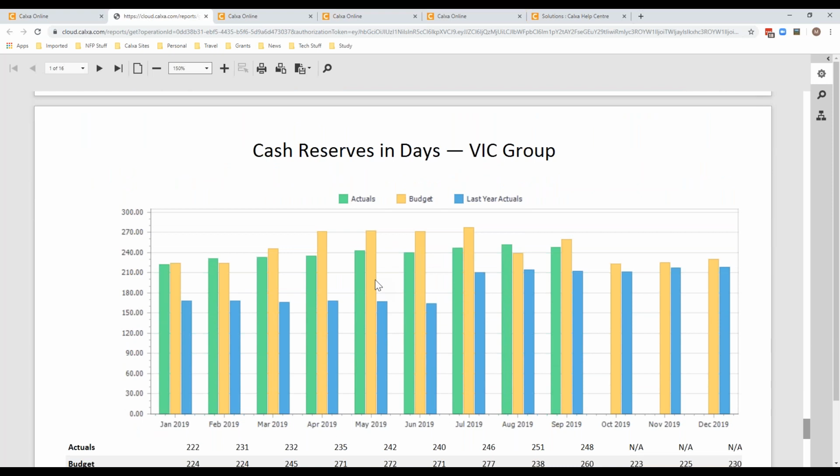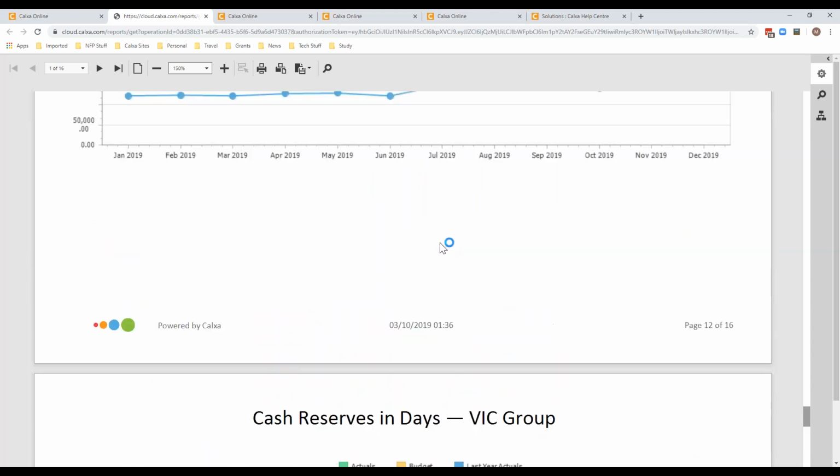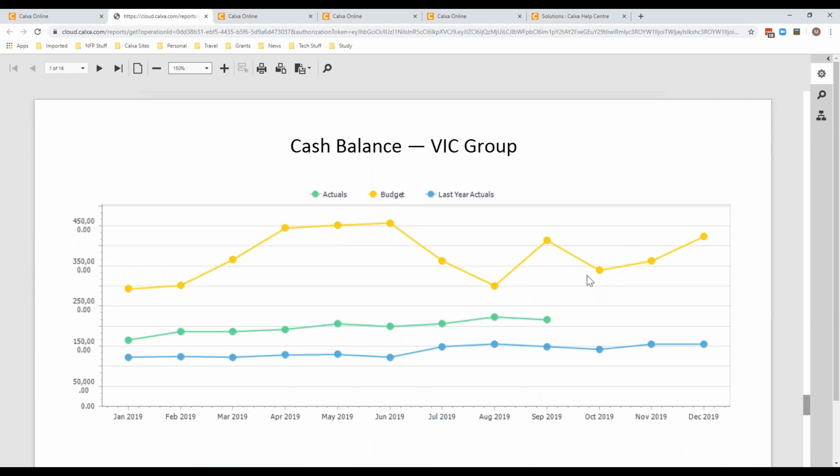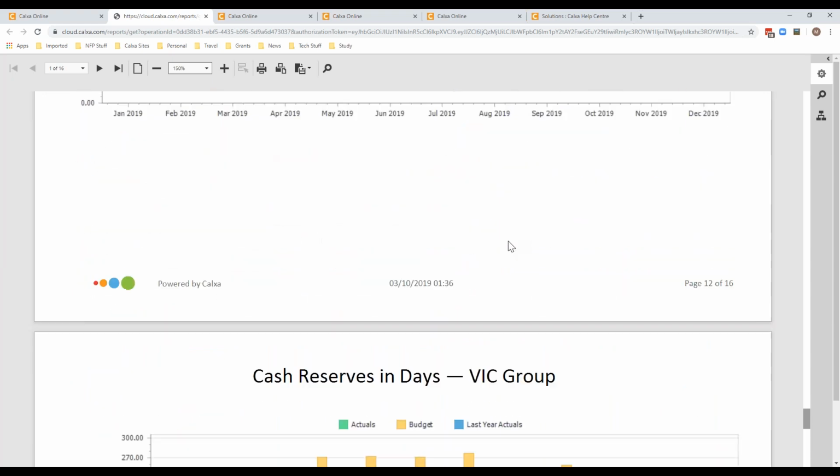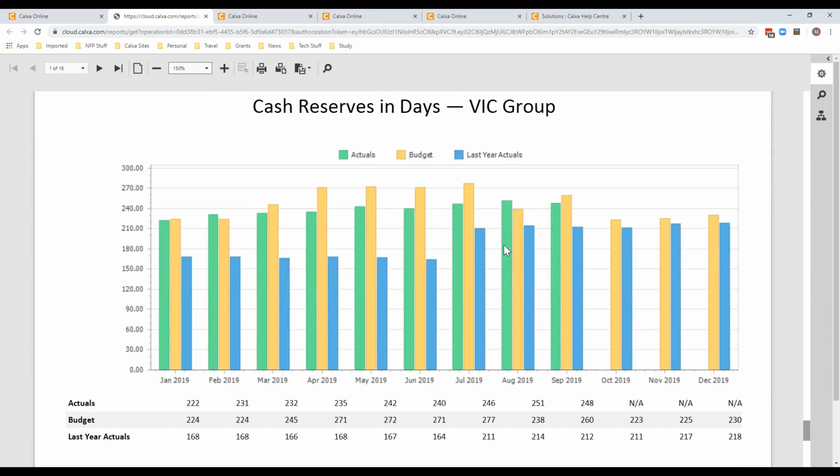Now, cash reserves in days. This is much more a forward-looking one. Just seeing the actual bank balance is looking back at the past. And even though we had a budget in that last one for the future, I also know that we didn't meet that budget or come very close to it at all. So knowing our cash reserves is important too. And what do we mean here? It's the amount of cash we have divided by our daily expenses.